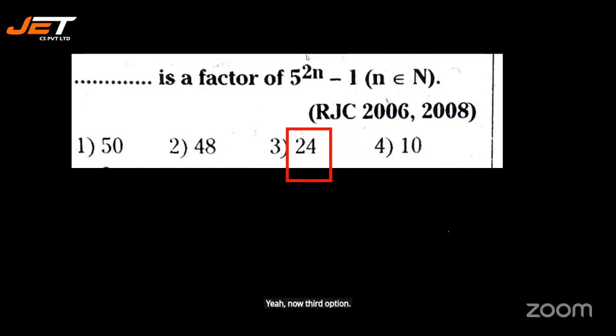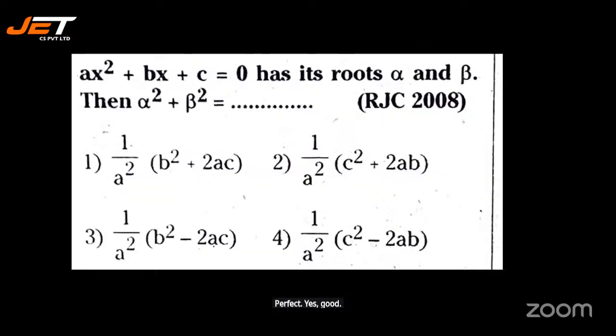I have Zara again with option 3. I have Tejashri with option 3. And I have Sahasra with option 3. Yeah, Manogna option 3. Pranita option 3. I have Abdul option 3, and then I have Supriya option 3. All right. Yes, good. Now move on to the next question.